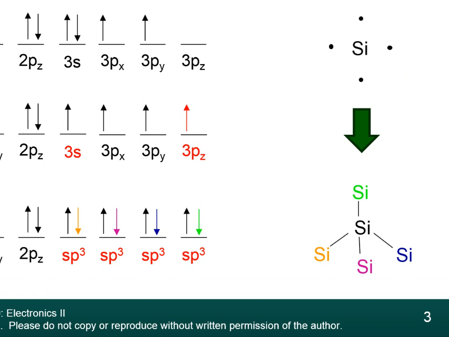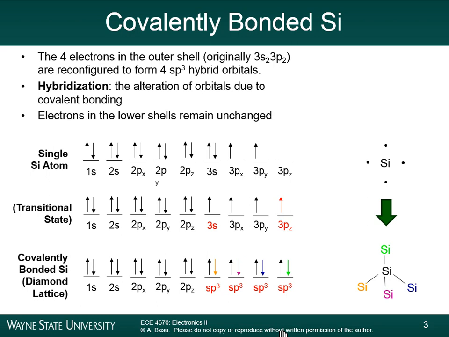The blue one is contributing this one, and the orange one is contributing this one. So each one of these four neighboring silicon atoms is contributing one electron into each one of these covalent bonds. The sp3 hybrid orbital represents each one of the four covalent bonds. So the electrical state is different. The orbitals have different names, they have different energies.